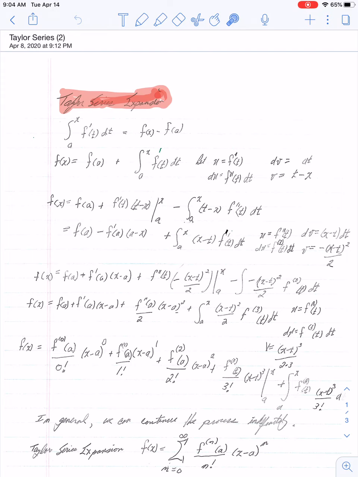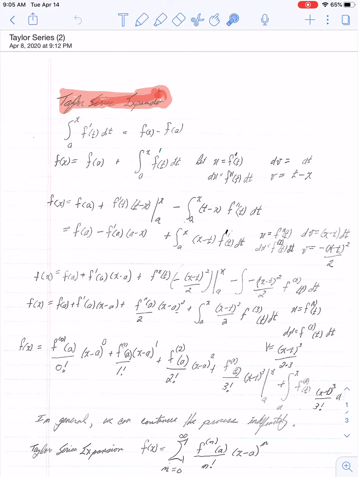Now I'm just going to write this integral by my integration by parts formula again. So this term comes down, this term comes down, and now this integral is going to be what? u, that's this, times v. So it's u, which is f double prime of t, times v, which is minus (x minus t) squared over 2, evaluated again between a and x, and then minus the integral of v, which is another minus, du, which is f upper 3 of t dt.